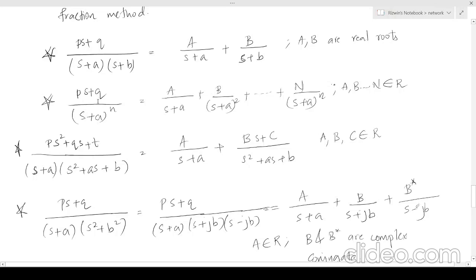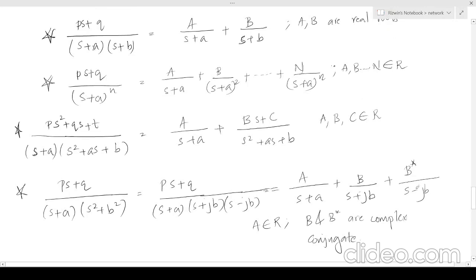So (ps plus q) by (s plus a) to the n can be written as A by (s plus a) plus B by (s plus a) square, etc., plus N by (s plus a) to the n, where A, B, etc. are real numbers. So this is another form having nth order for the denominator term.